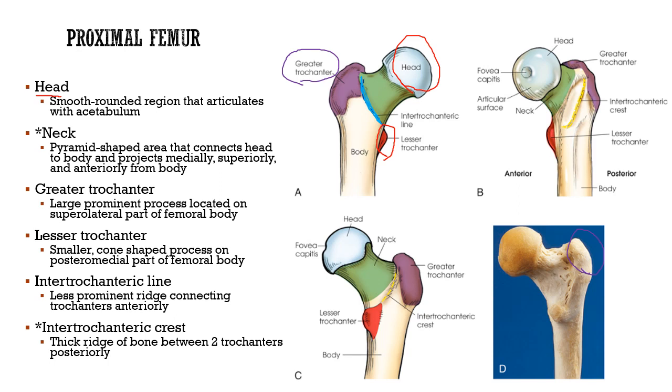It's located between the two trochanters. So it is a line, a less prominent ridge, whereas the intertrochanteric crest is in the posterior aspect, and it is more prominent. And it's between the trochanters again.